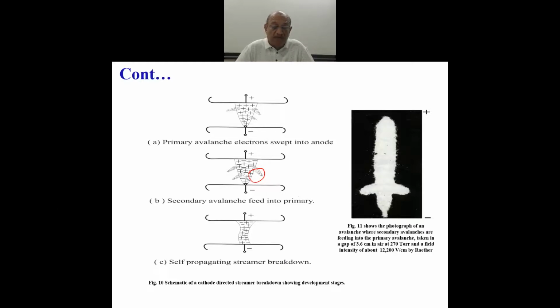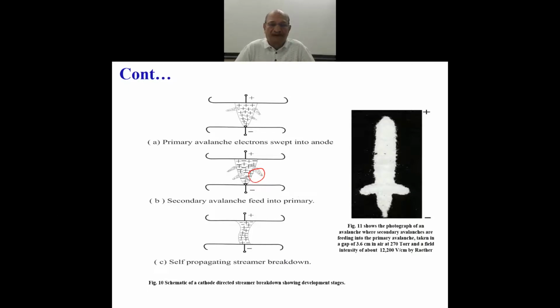More secondary avalanches start feeding into the primary avalanche, and the breakdown occurs. The requirement for breakdown to take place is the production of a sufficient number of charged particles within the gap to form a conducting channel in which a very large number of charged particles flow. So that is how a self-propagating streamer breakdown develops from a single avalanche, as you can see.